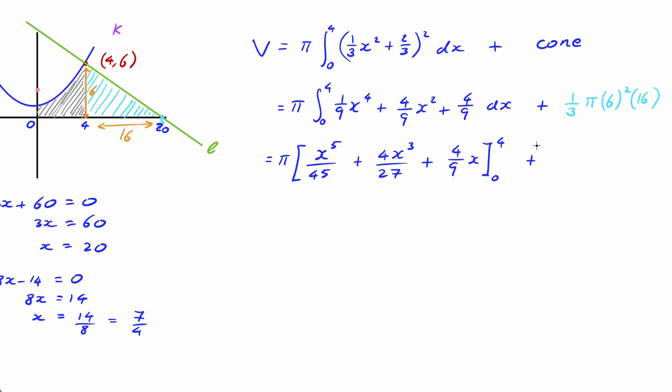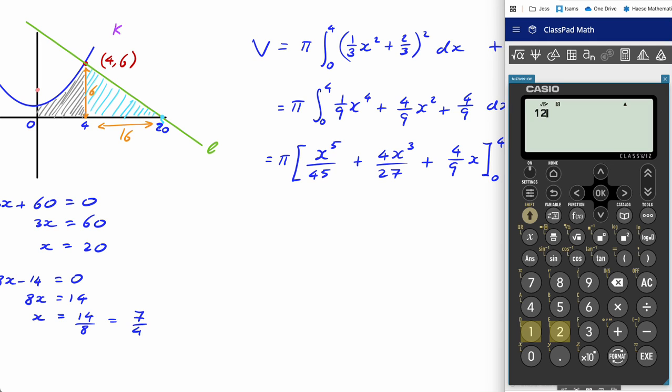This is plus 36 divided by 3 is 12. 12 times 16 is 192.